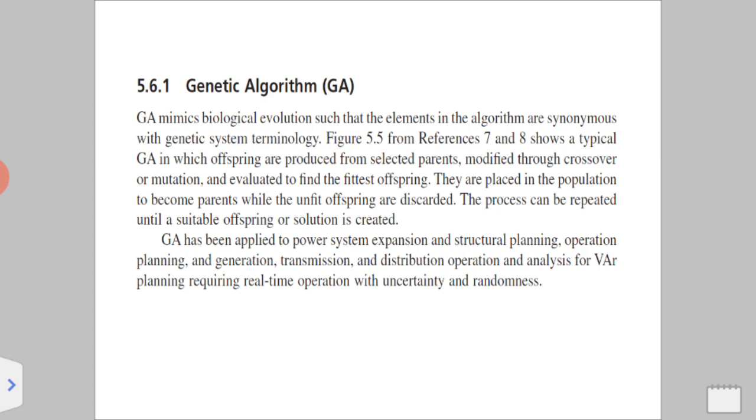In this biological evolution, from a population they take two individuals who are the fittest, who have good chromosomes, and with those they produce the fittest offspring, and those who are unfit are discarded in this process. So it is shown in this diagram.